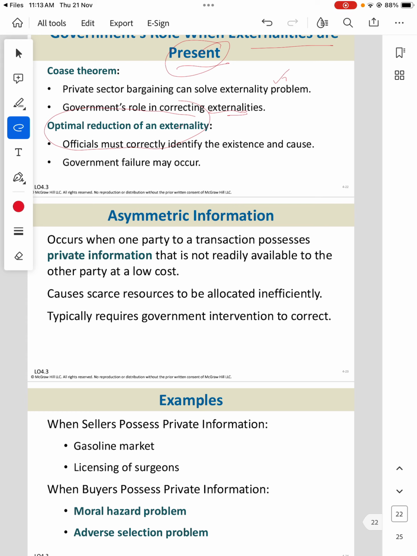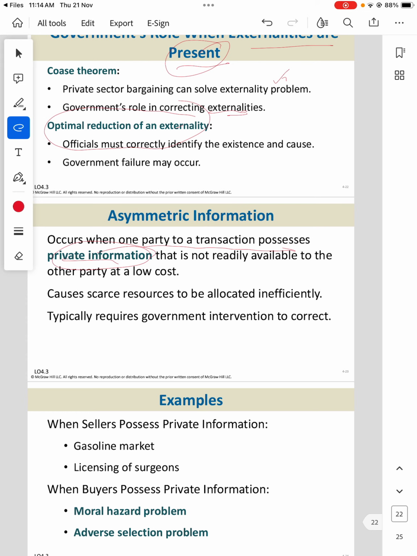Now we take a look at asymmetric information. What does asymmetric information mean? Asymmetric information occurs when one party in a transaction possesses private information. Like I said just now, you have information from the stockbroker that a certain stock will rise.